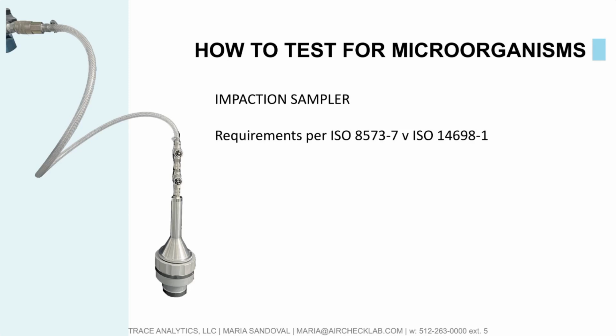And that will be sent to a third-party laboratory or your in-house laboratory to satisfy the requirements of ISO 8573-7 or 14698. And so both of these standards require the use of an impaction sampler.